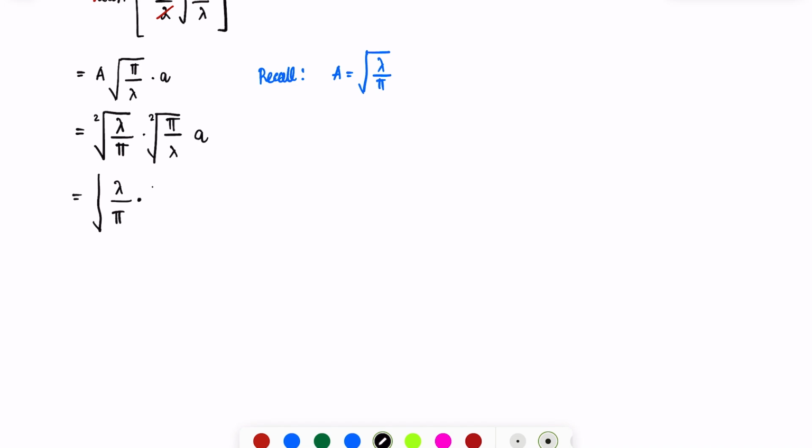So pi all over lambda multiplied by lambda over pi. And as you can see, this cancels out, and the square root of 1 is just 1. So the expectancy value of x is just equal to a.